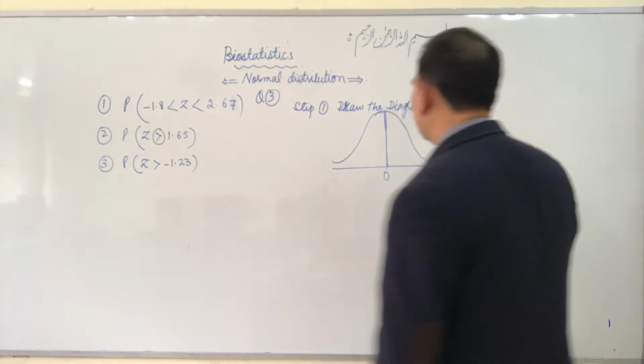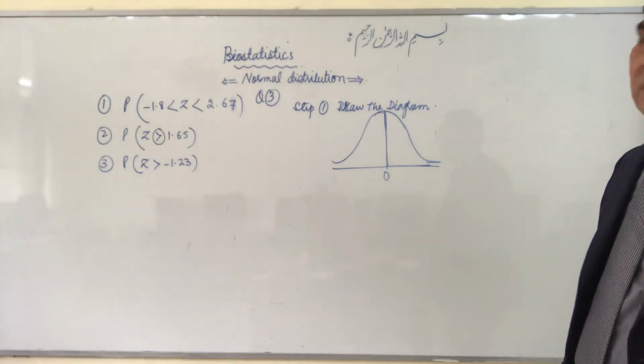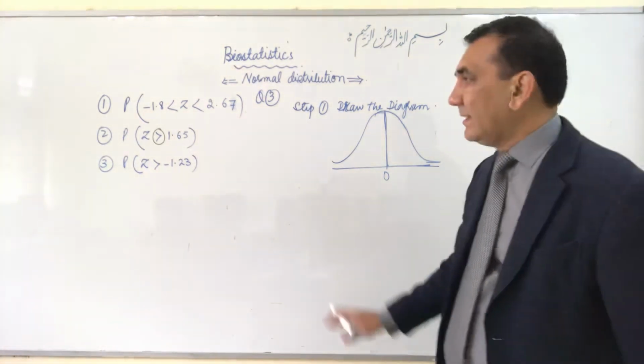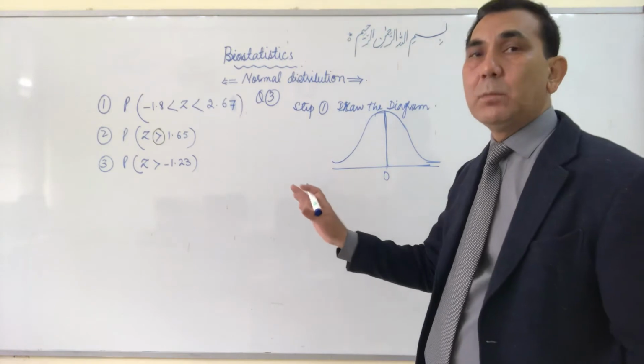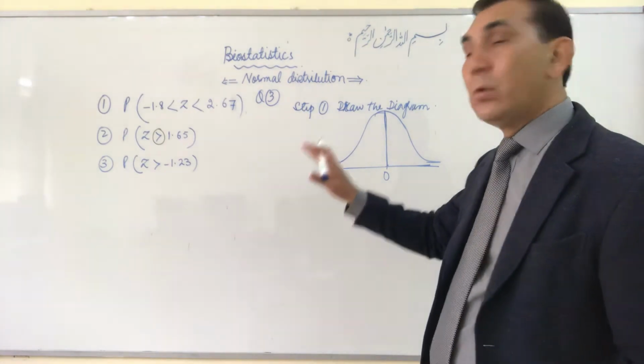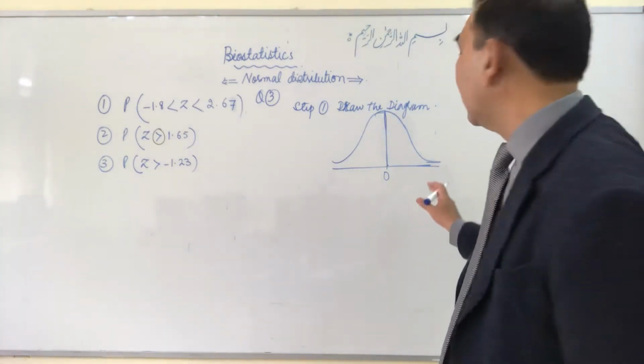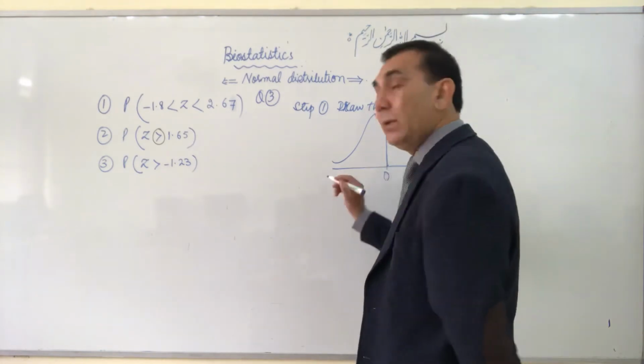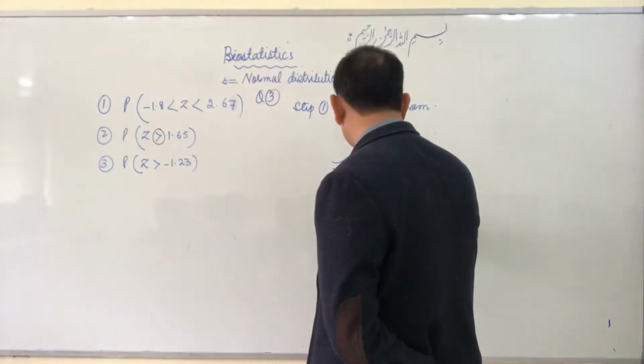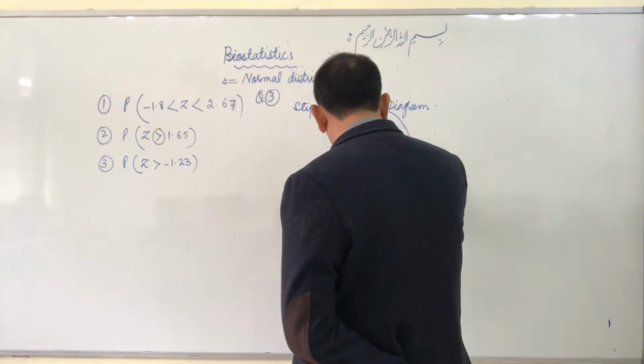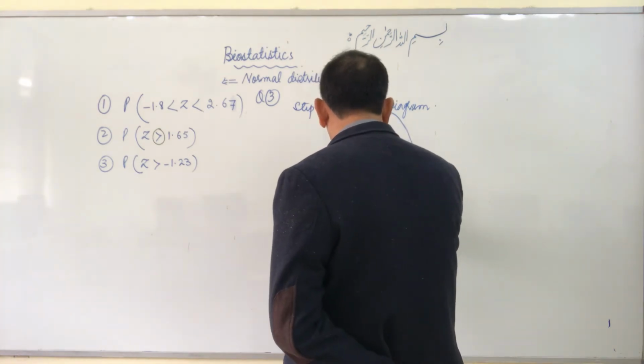Now, the question is asking for the proportion or probability area above minus 1.23. So definitely the value is on the minus side. Here is minus 1.23.